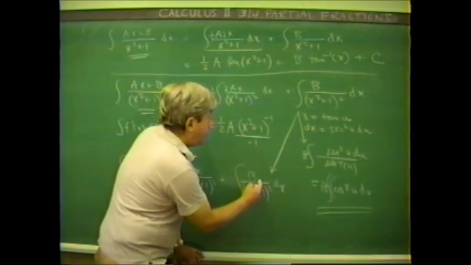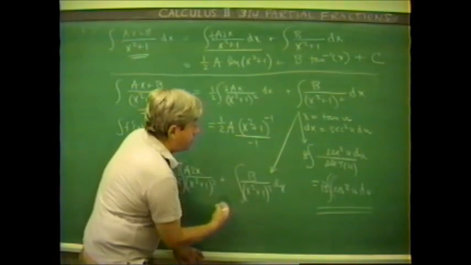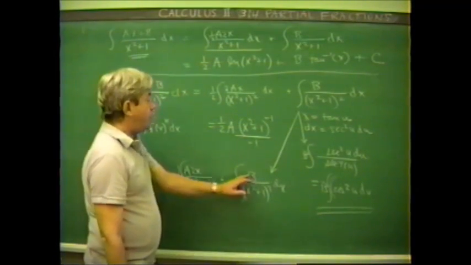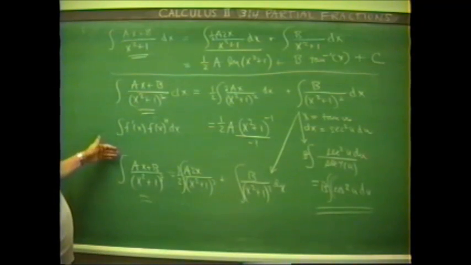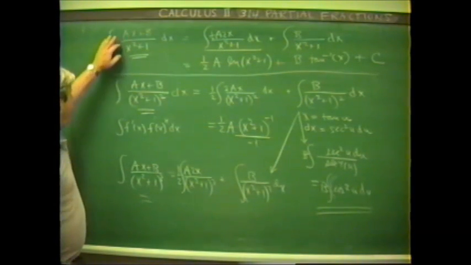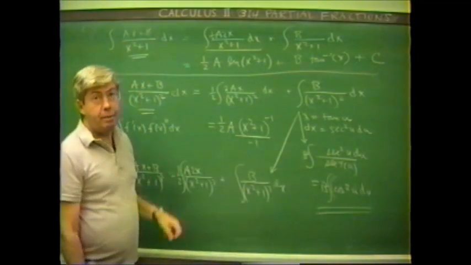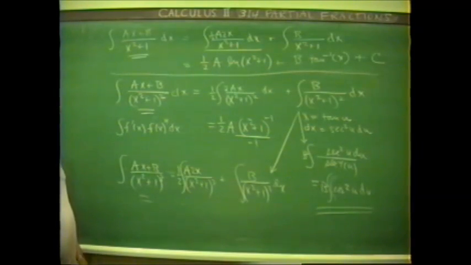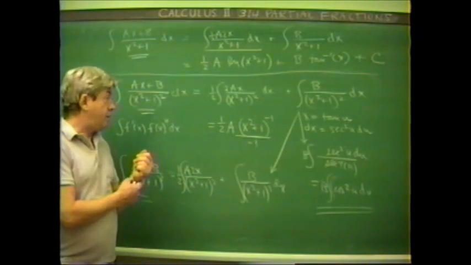You're going to end up with secant squared over secant to the 6th here, which is going to give you cosine to the 4th. So in either case here, you can find an antiderivative of ax plus b over x squared plus 1 to any power. And this is going to allow you to complete the picture involving partial fractions. Now you can also find these antiderivatives in just about any table of integrals.